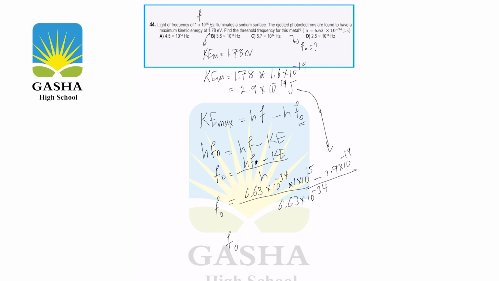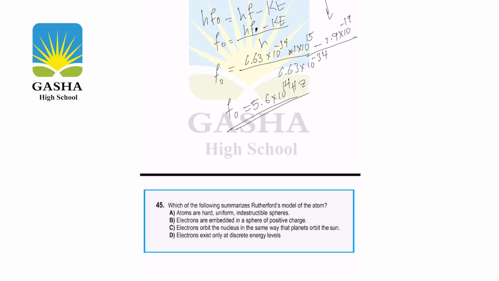And the result of the threshold frequency will be equal to 5.6 times 10 to the power 14 hertz, 6 and something. Approximately that's equal to 5.7, and C is the correct answer.